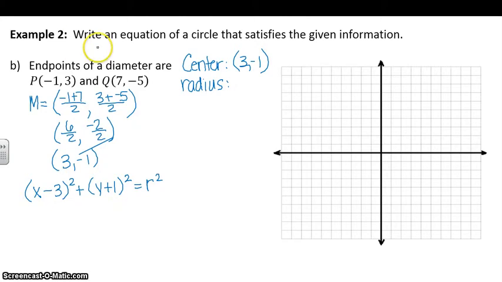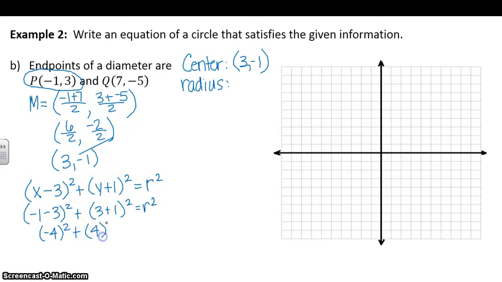Okay, so I'm going to use this one. It should not matter which one you use. So I'm going to do (-1 - 3) squared plus (3 + 1) squared equals r squared. So that's (-4) squared plus 4 squared equals r squared.